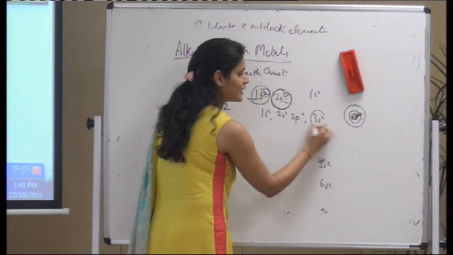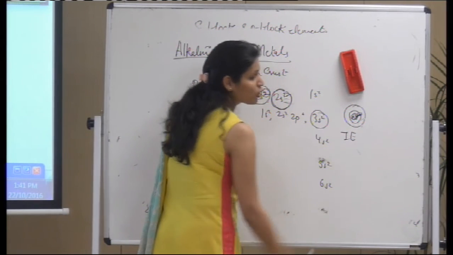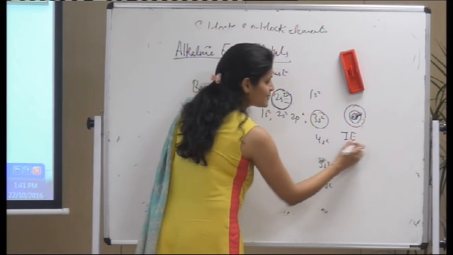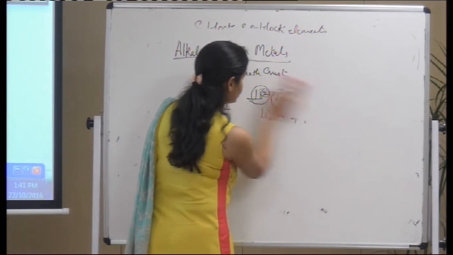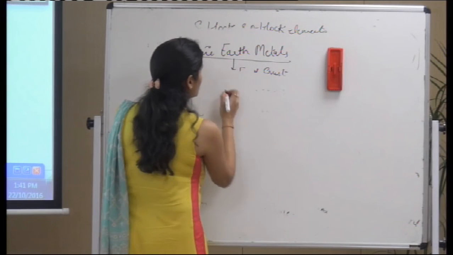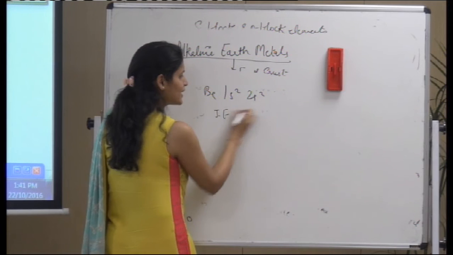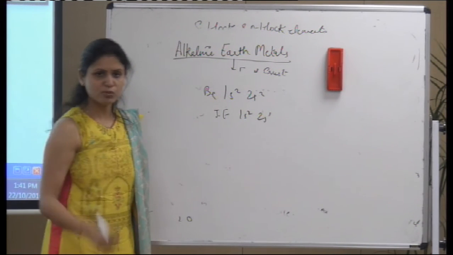So if I am taking out the electron, I will talk about the ionization energy. For beryllium, this is 1s2, 2s2. If I want to remove one electron, I want the configuration 1s2, 2s1.